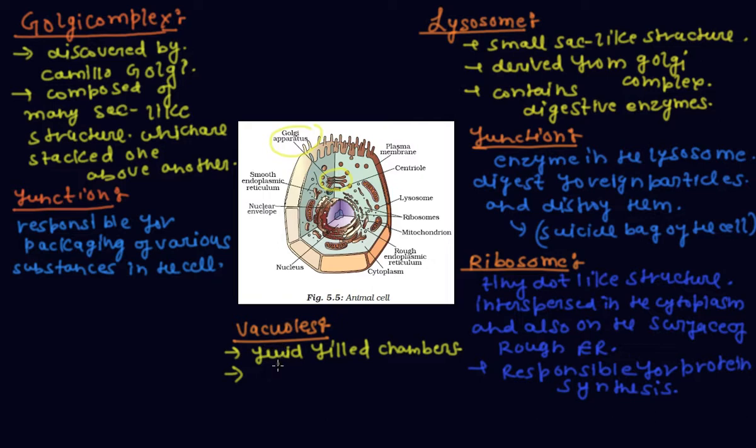And they are very large in plant cells. A plant cell usually has a single but large vacuole. Such a vacuole fills almost the entire space inside the cell.